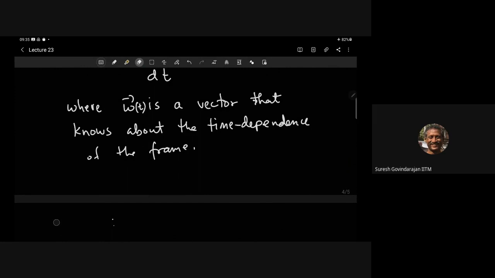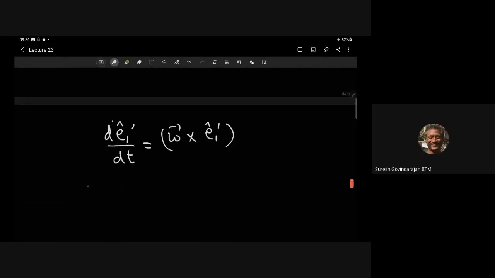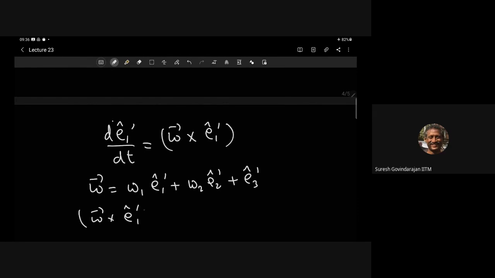let's put i equal to 1 in that. Shall we do that? Okay, and let's expand omega in the prime basis only. Substitute it there. So omega cross E1 prime, that's what we want, will be what?